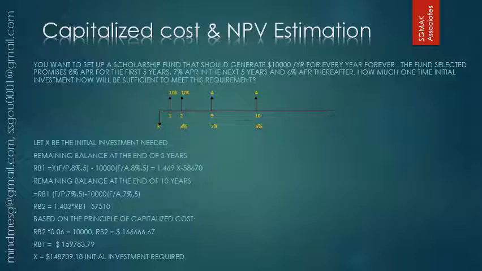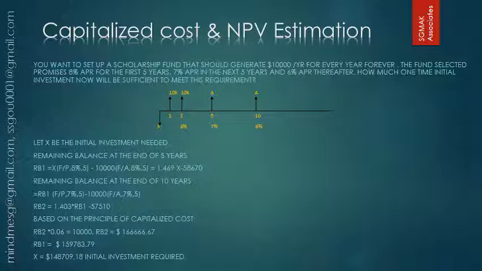Now let's look at the remaining balance at the end of 10 years. Because from year 5 through 10, we are earning at a rate of 7%. So following the same logic, we are starting the period with the remaining balance RB1. That's like an initial investment. So we find the remaining balance at the end of year 10, RB2, is RB1 times F over P, 7% and 5, looking at the change in interest rate, minus what you have withdrawn.